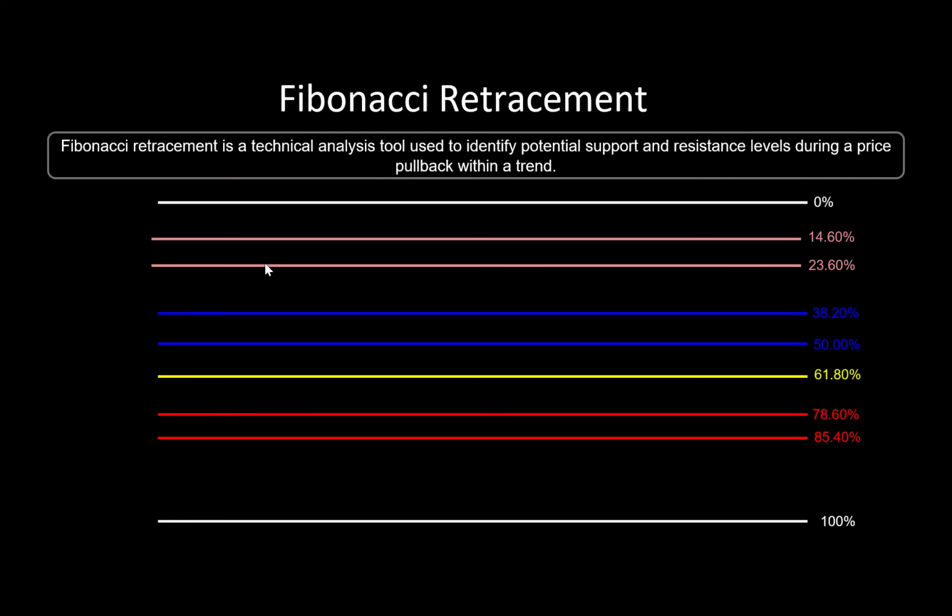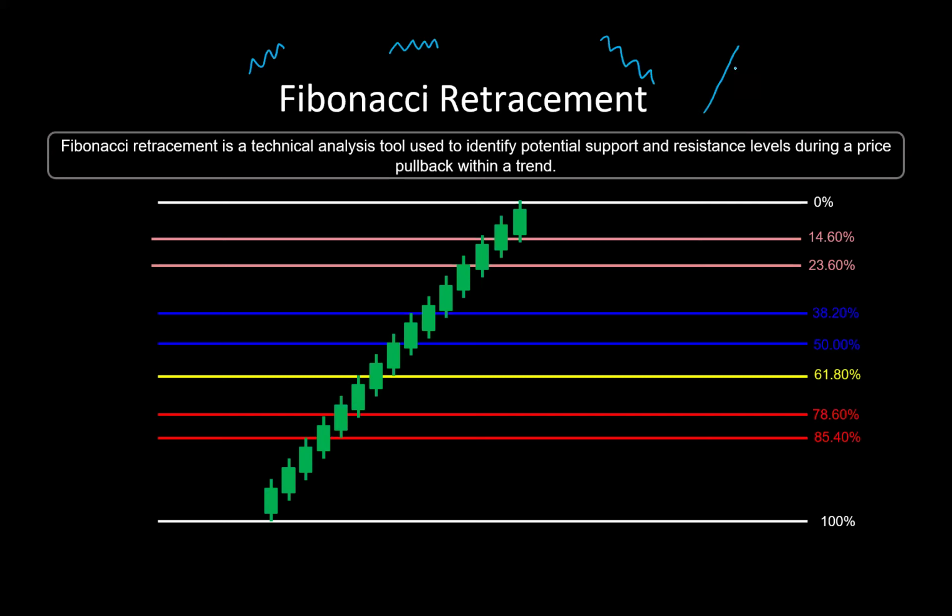So for example, how can we use Fibonacci? If you can see the price continuing, going very high. Fibonacci, guys, does not work in a sideways market. Either it works in a downtrend or it works in an uptrend. In an uptrend, the price goes up, and then there is a slight pullback, and then the price continues to push higher, right?